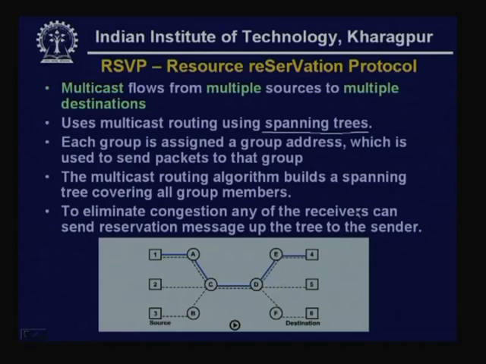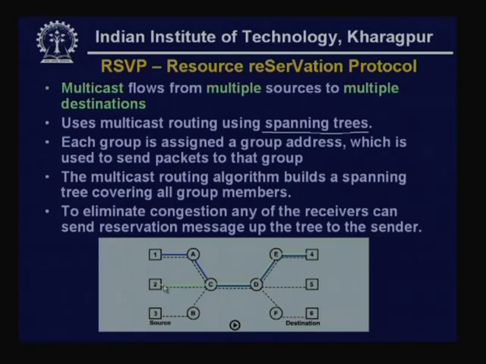So, suppose 4 wants some service from the source 1. It will reserve resources along the network, the bandwidth and the data rate that is required. After that, the same node may decide to have another video from another source.